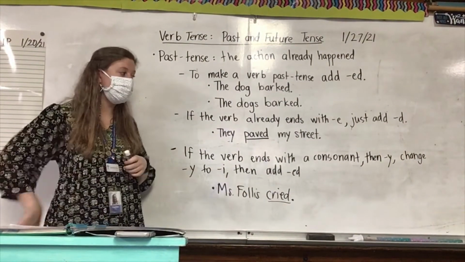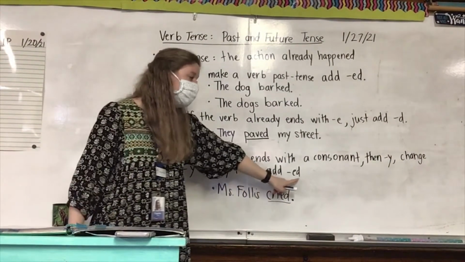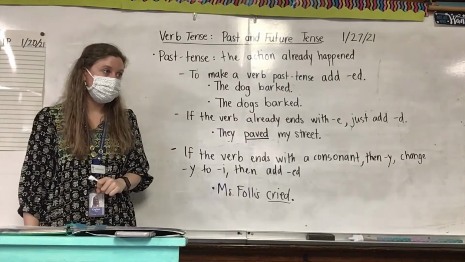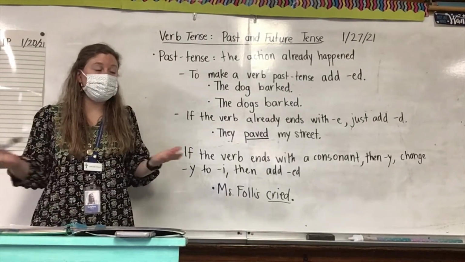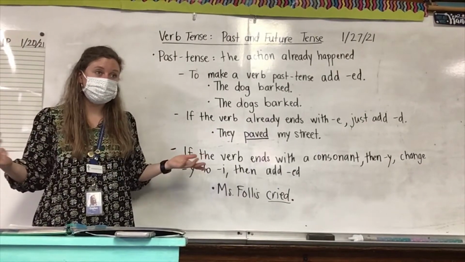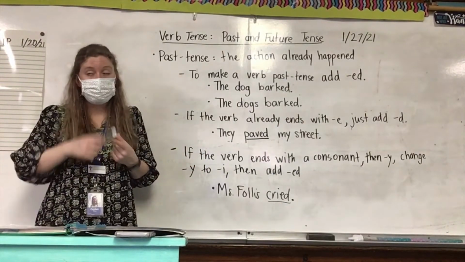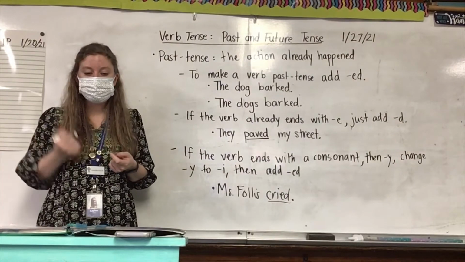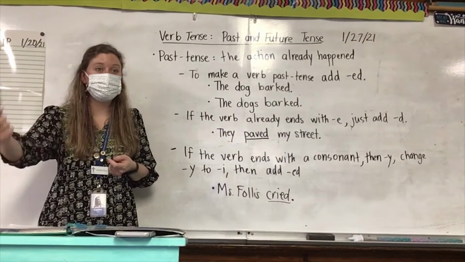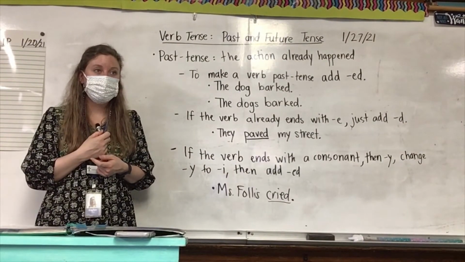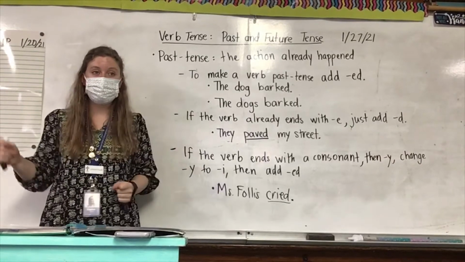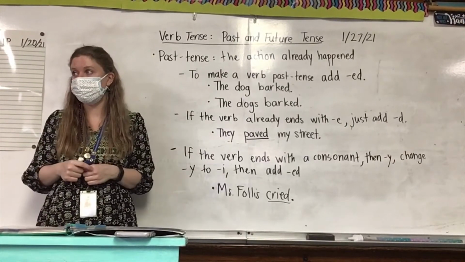I would not add ED to a noun. If I had cherry and I wanted to make more than one, I wouldn't say cherried. I would say cherries. Change the Y to an I, then add ES. Please make sure that you're listening to the question that I am asking, not tuning in halfway through the question and guessing what the rest was.